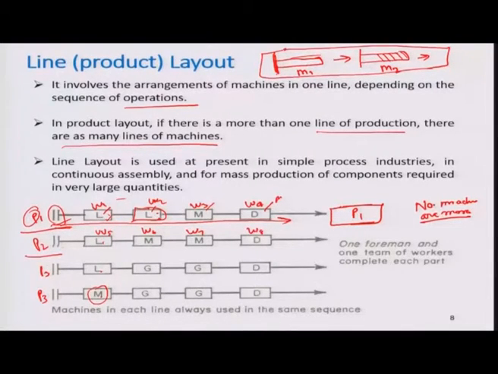So you can see that the manpower requirement is high. In this kind of layout, machine requirements and manpower requirements are both high, so the product cost will be very high compared to other layouts.